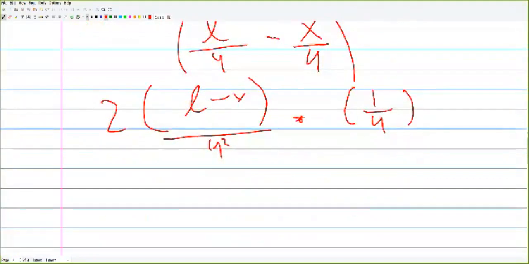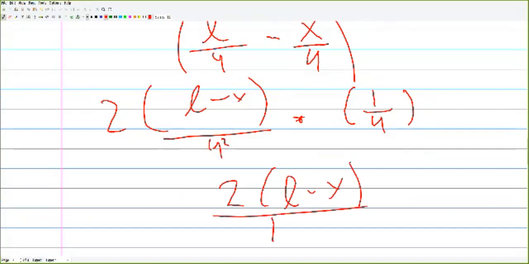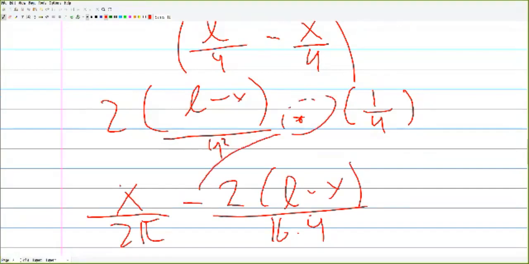So that would be 16 times 4. So it would be 2 factor of L minus x over 16 times 4. This is summed with x over 2 pi. And it is a negative. Negative over here. Negative over here.